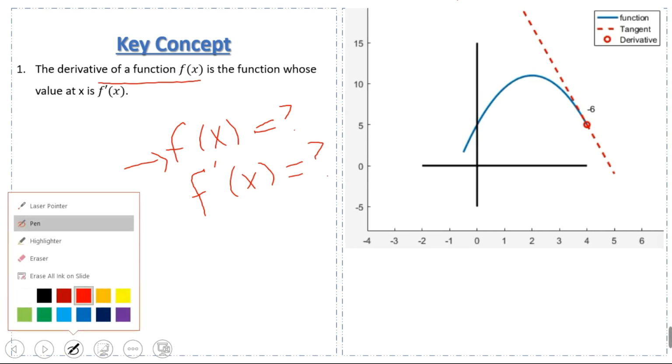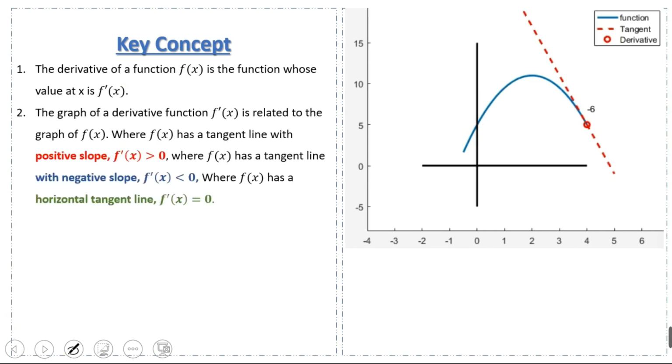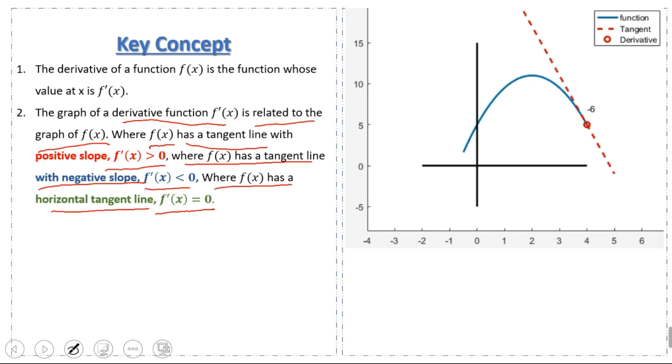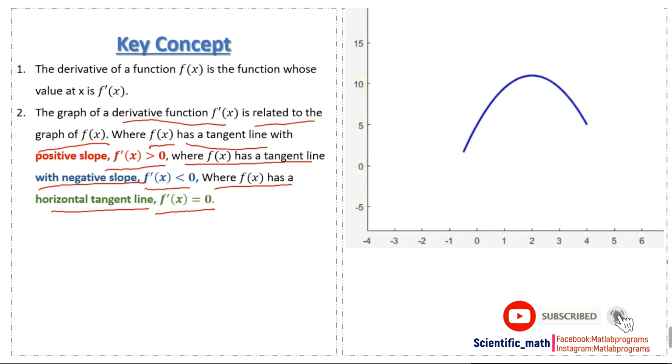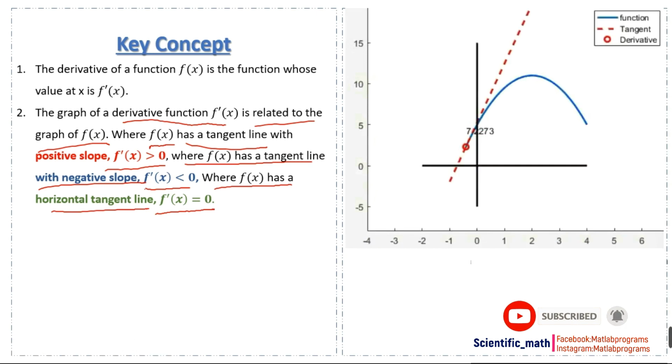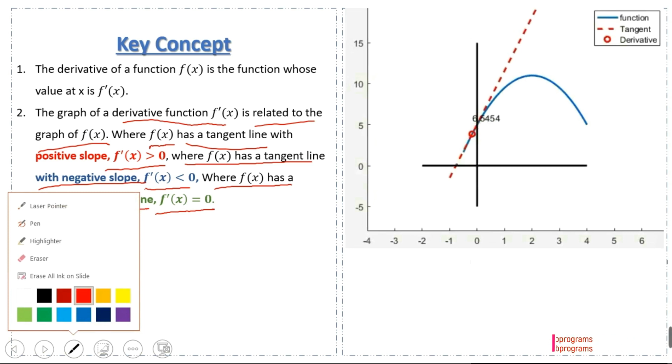Next, we have the graph of the derivative function f prime of x, and how it is related to the graph of f of x. Where the function has a tangent line with positive slope, the derivative will be positive. Where the function has a tangent line with negative slope, the derivative will also be negative. And where the function has a horizontal tangent line, the derivative will be 0. We can see this with the help of an example.